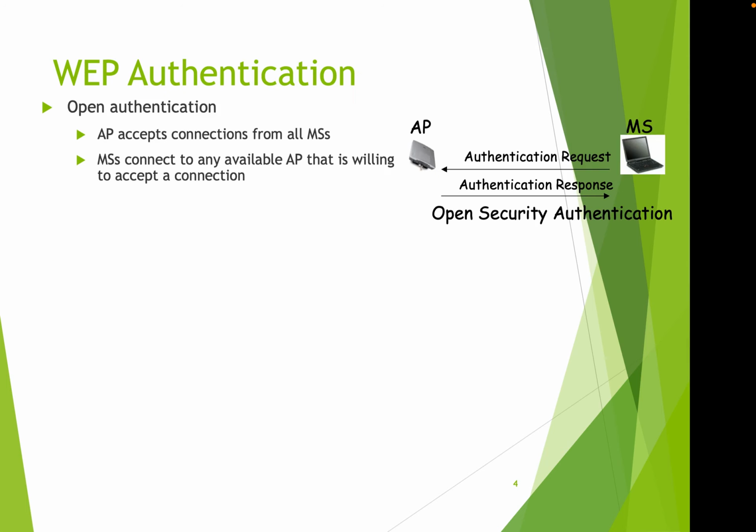No big deal. Let's take a look at the authentication. This is your mobile station, your laptop, and you're trying to access the network through the access point. You send an authentication request to the AP, and then the AP replies with an authentication response.